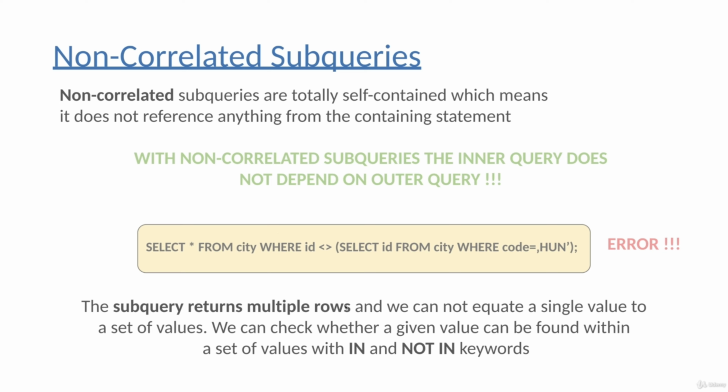So for example, if we want to select the country names where the number of cities is equal to 22, as you can see we select the country.name from the country database table, where the select count star from city C, where C.countrycode is equal to country.code.